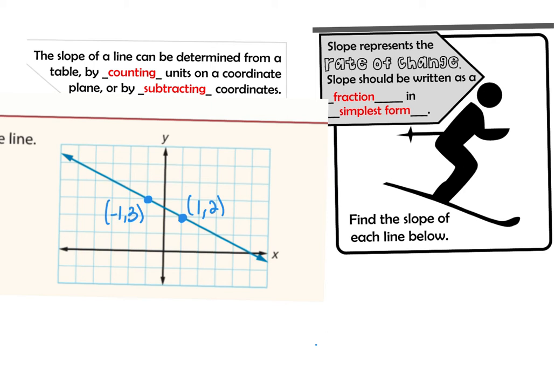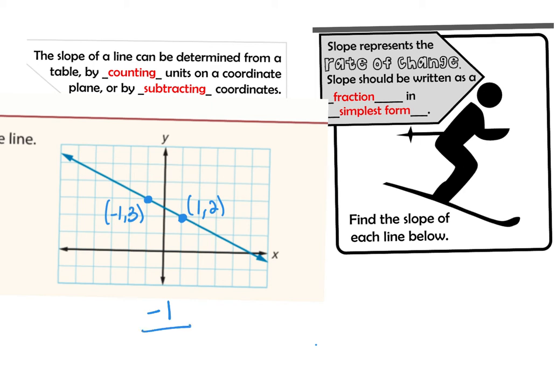If I start at this far left one, how do I have to move to get to the right one? Well, the first thing I need to do is go down, right? Because I'm talking about up and down first. I go down. What number represents going down by 1? -1. So my numerator for my slope here is going to be -1.